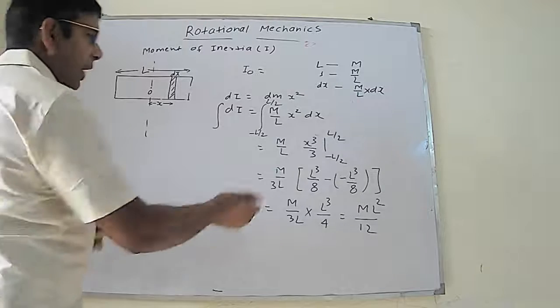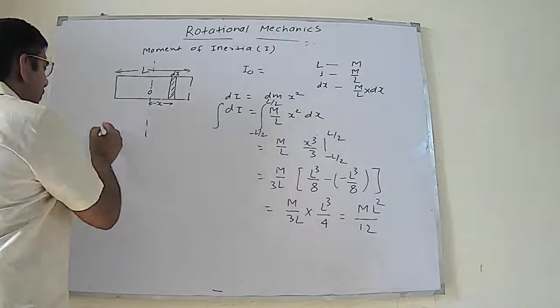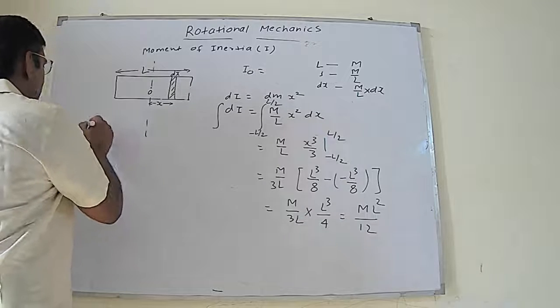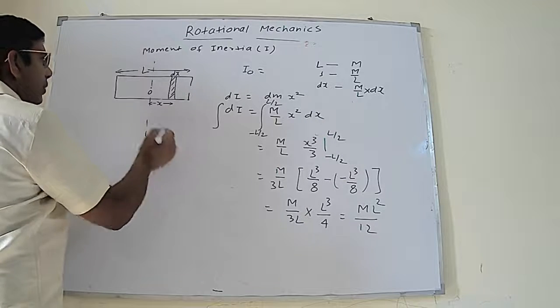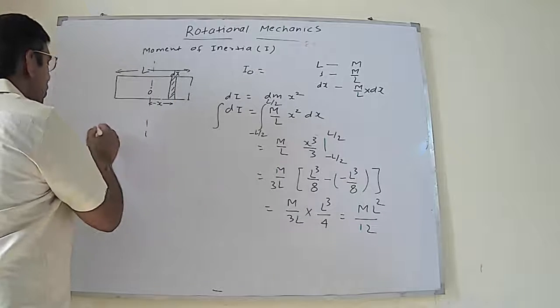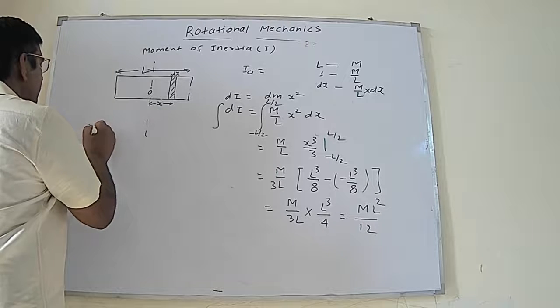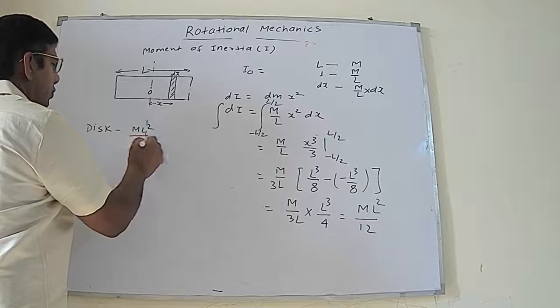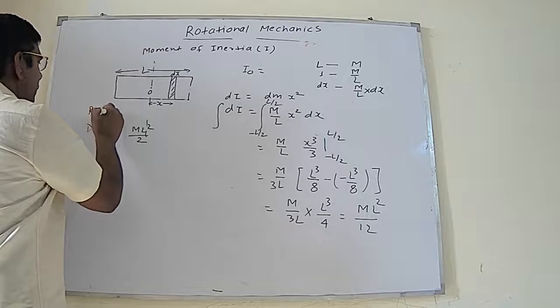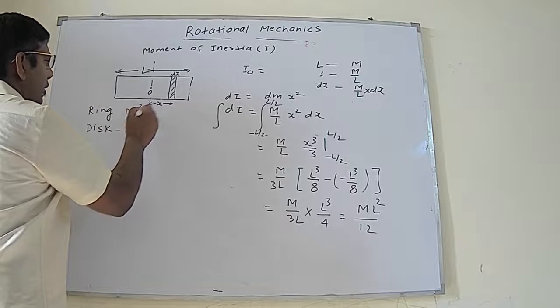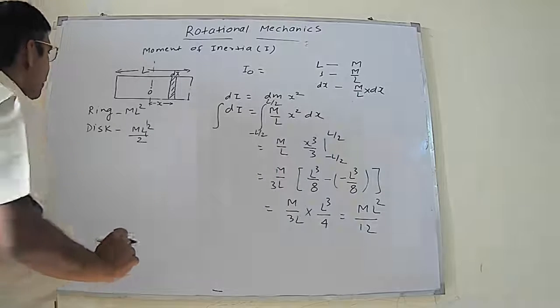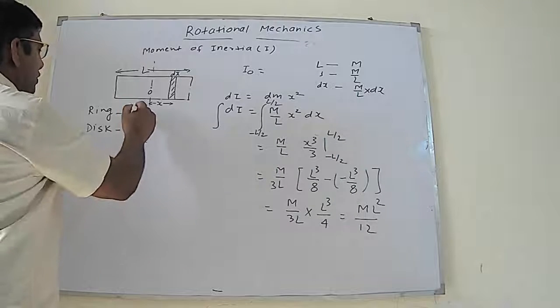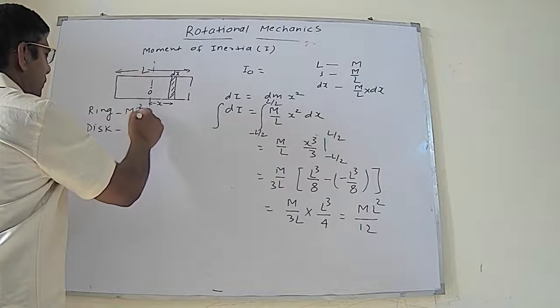So I'm writing here the moment of inertia for different objects. For the rod it is mL square by 12. For the ring it is mr square.